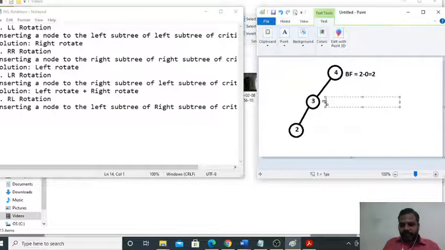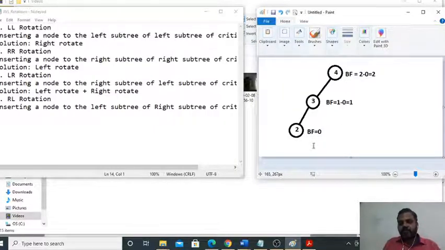In a similar way, the balancing factor for 3 is 1 minus 0: there is one left branch for 3 and no right branch, so it is 1. And the balancing factor for 2 is 0, since there is no left or right branch for 2. Now according to the AVL tree concept, the balancing factor can be minus 1, 0 or 1.